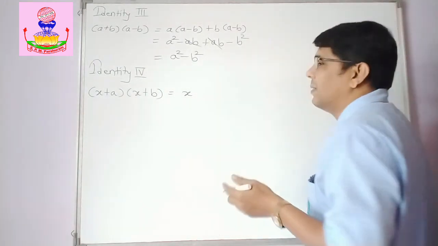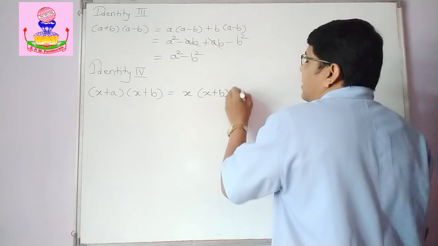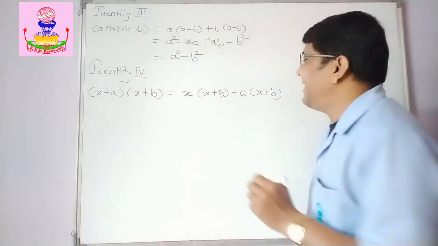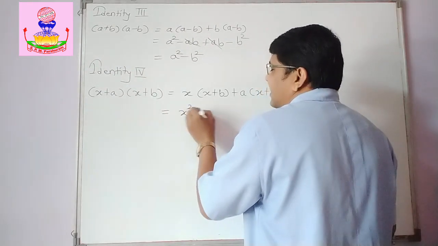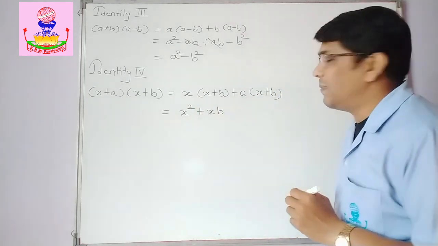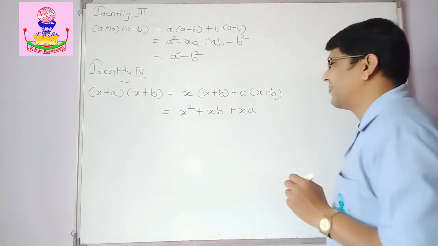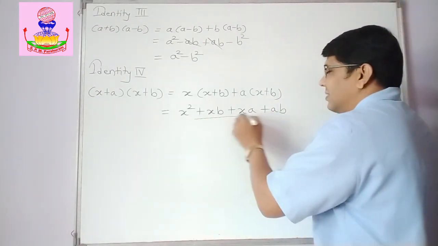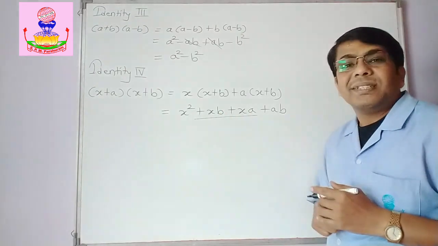So now here, again, what can we do? Simple basic multiplication of binomial by binomial. So x into (x plus b) plus a into (x plus b). So x into x, x square, plus x into b, that is xb, plus a into x, that is ax, plus ab.